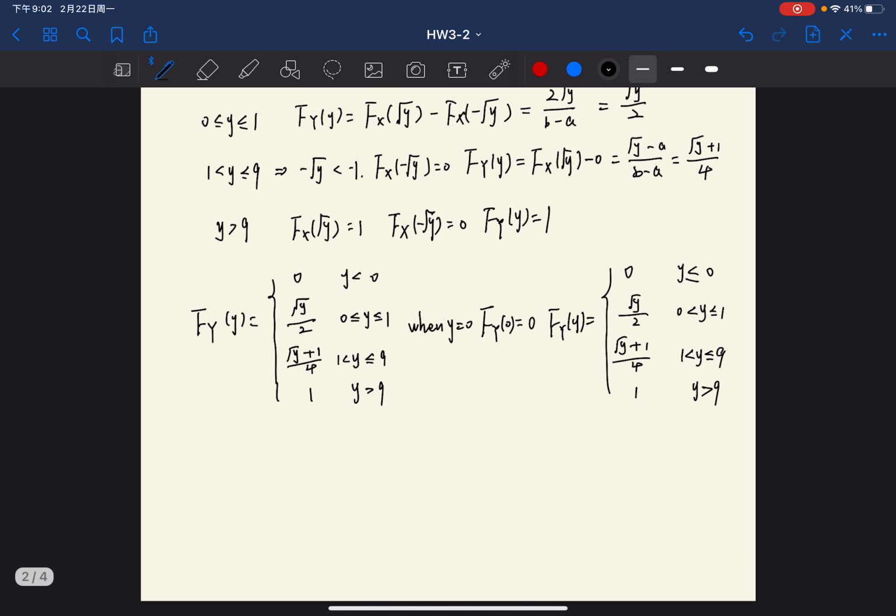And also we know that the probability density function can be calculated by the derivative of the probability distribution function. So the probability density function of variable y is equal to this, and y is between 0 and 1.